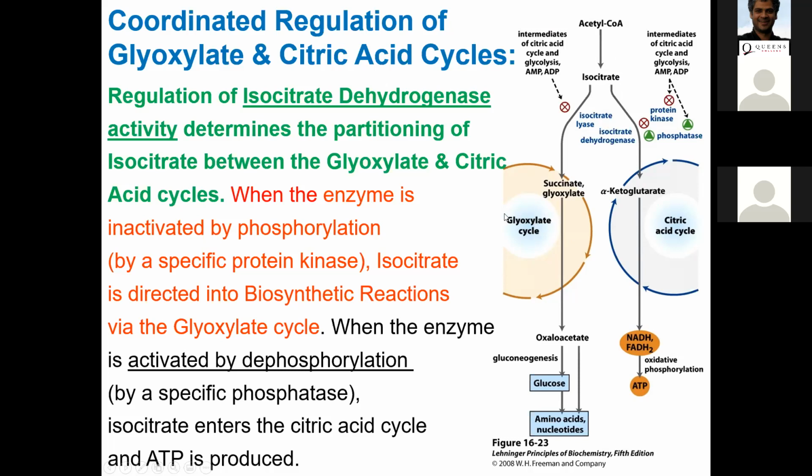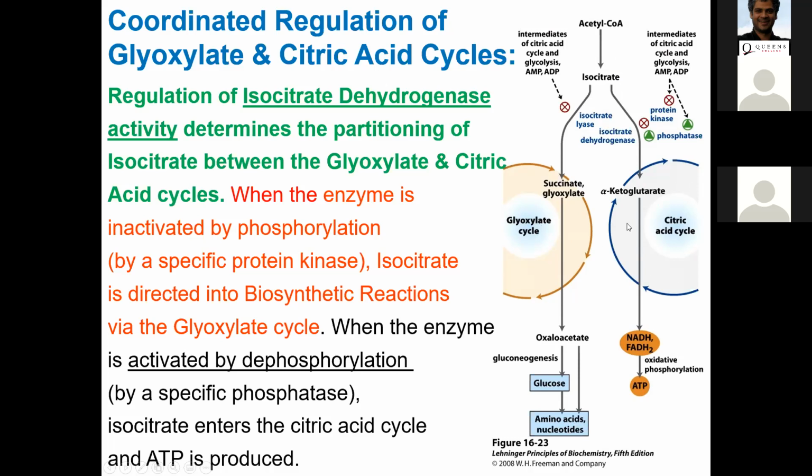One, the glyoxylate cycle, that typically is an anabolic pathway where you will be making new glucose molecules, new amino acids and nucleotides using oxaloacetate, etc., right? So it's a sort of anabolic reaction.